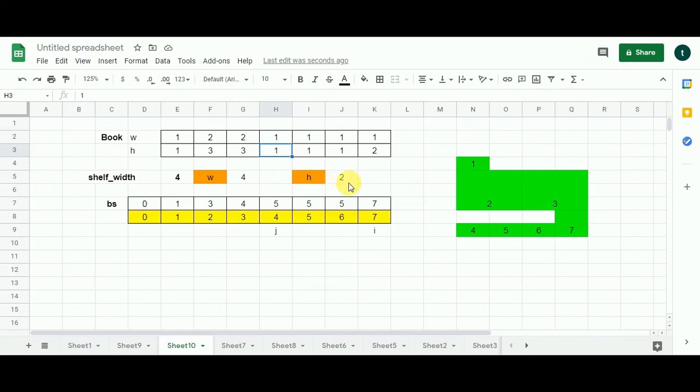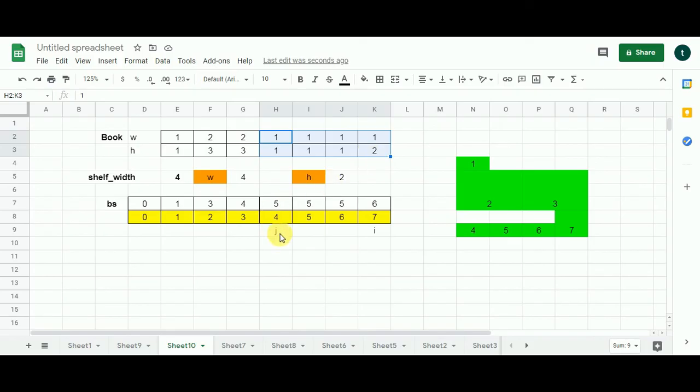Now this 2 added with the height of the previous arrangement, that means this arrangement is going to give me 6, which is lesser than this 7. So I'm going to update this 7 with 6. Okay, so I've got a lesser height over here. That means when I'm going to put these 4 books in one shelf, then the height of the entire bookshelf becomes 6 instead of 7. And that is an optimized arrangement.